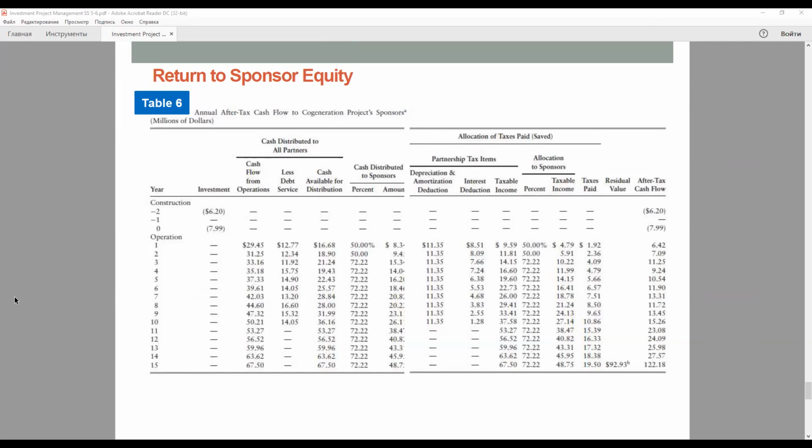Like these passive equity investors, engineering firm and local utility will commit to fund their equity investment prior to the start of the construction period. And this table shows the annual after-tax cash flow to the sponsors, engineering firm and local utility.